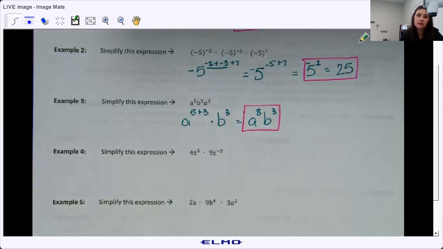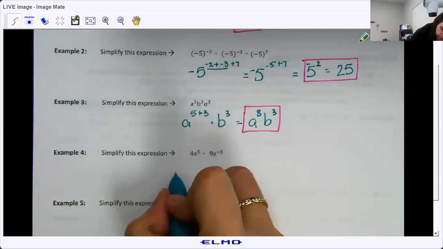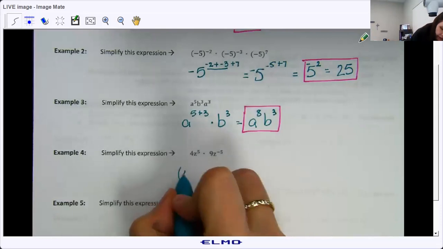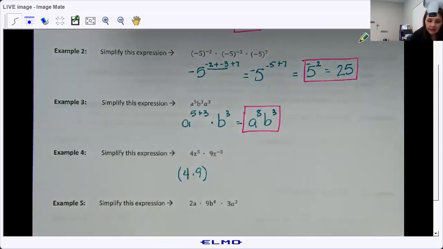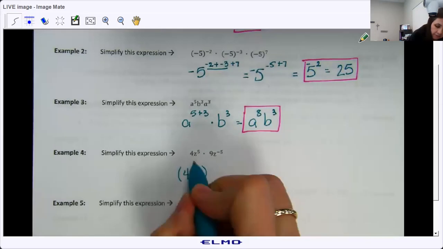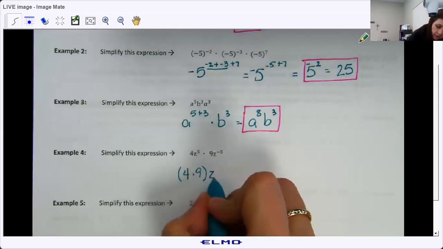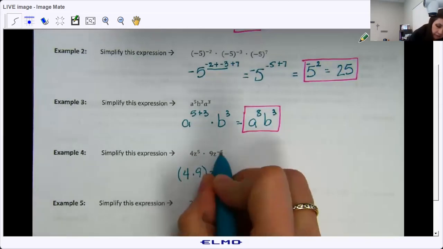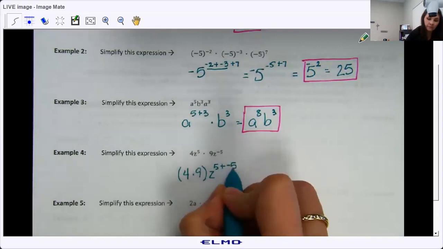Example 4. Now this is when you have coefficients that are attached. Remember, if your coefficients don't have exponents, then you're just going to multiply them together. So in this case, I'm going to take 4 times 9, and then I can combine my bases together. So I have z to the power of 5 plus -5.